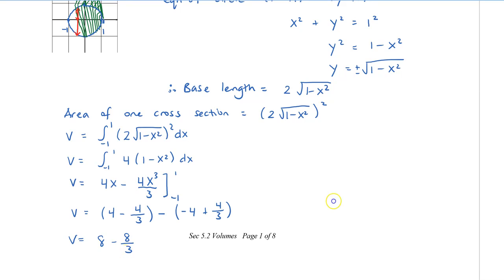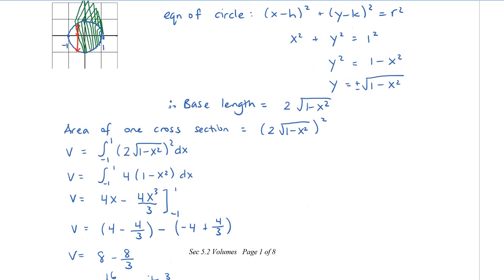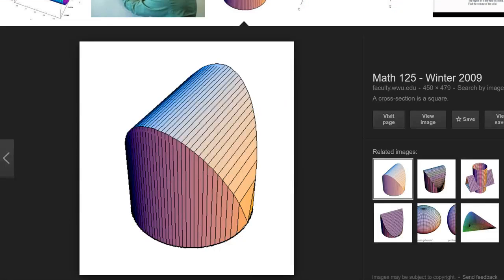And then when we subtract, we're now going to get a volume. So 24/3 minus 8/3 is going to be 16/3 units cubed. So what we've done is we found the volume of this shape, which has a circular base and square cross sections, which, like I showed you, looks something like this.